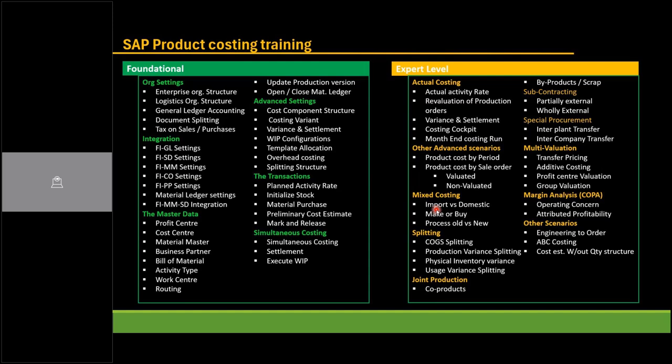Then the most complex topic here is multi-valuation. If you miss the bus in greenfield, you cannot implement multi-valuation, right? Multi-valuation is a very good subject where you can even generate group reporting using the material ledger. In group reporting, I am presuming that you already understand some amount of it.